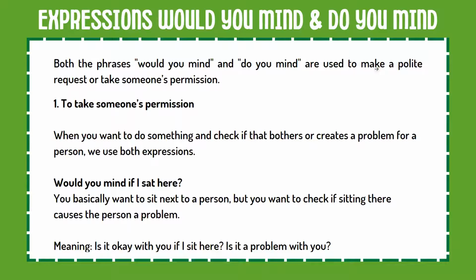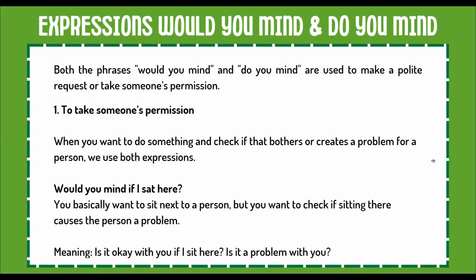Both the verbs, would you mind and do you mind, are used to make a polite request or take someone's permission, when you want to do something and check if that bothers or creates a problem for a person.